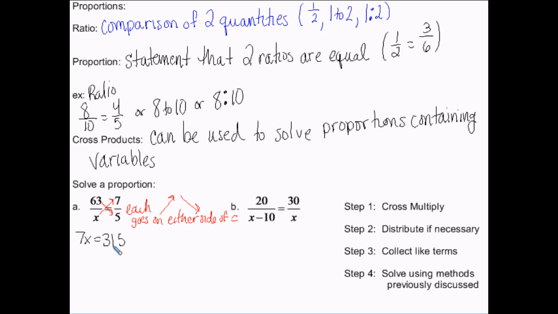And then once I've done that, I can solve this. So x times 7 is 7x, 63 times 5 is 315. I divide both sides by 7. And x is equal to 45.